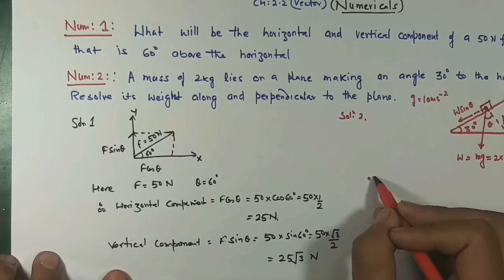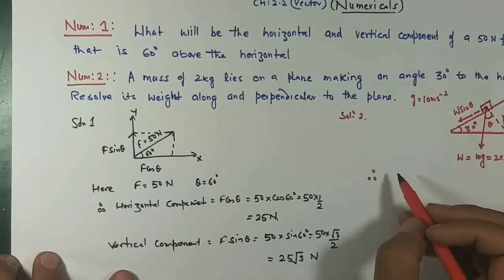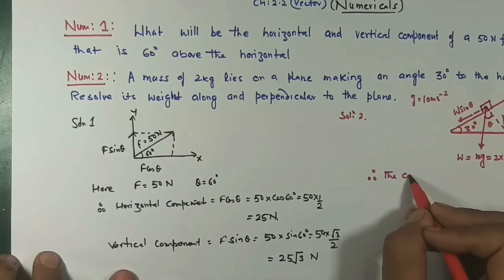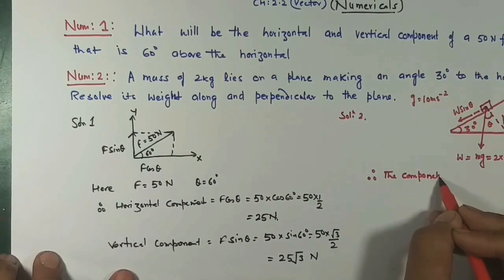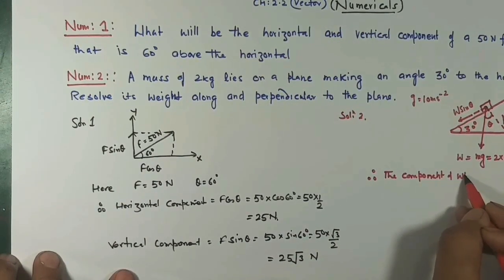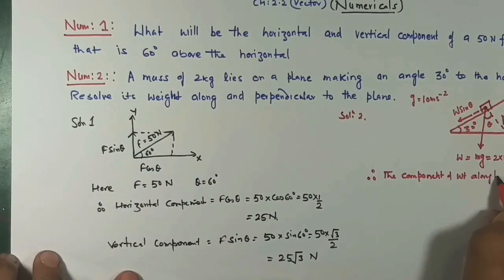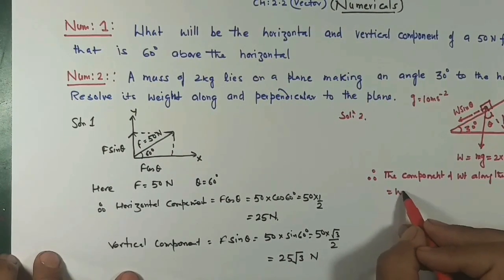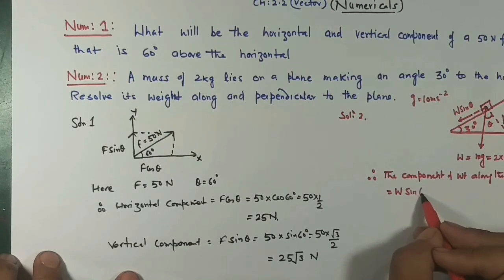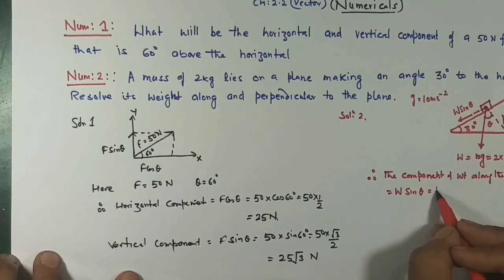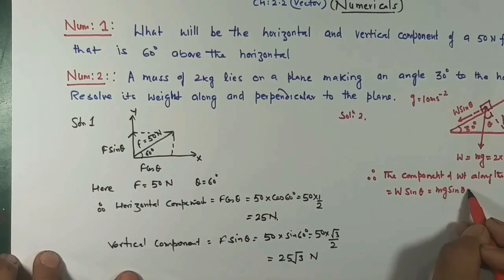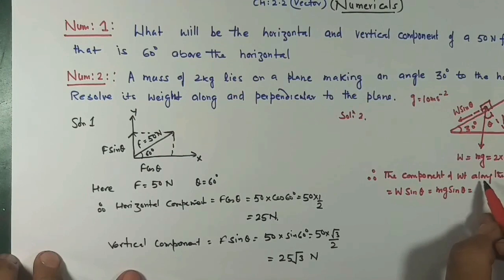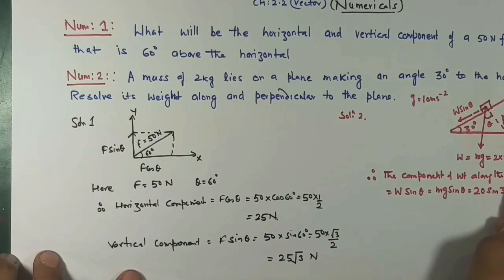Therefore the component of weight along the plane means W sin theta, and W is mg, so mg sin theta, and it comes out to be equal to 20 into sine 30 degree, right?